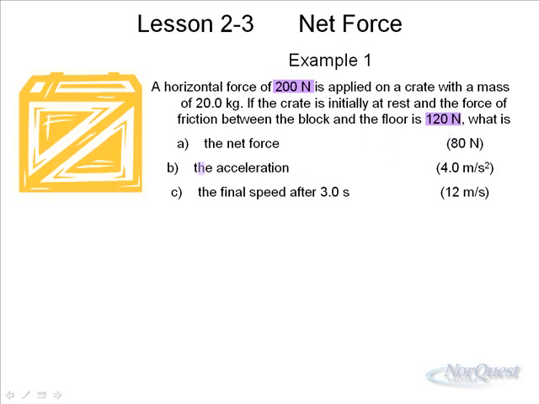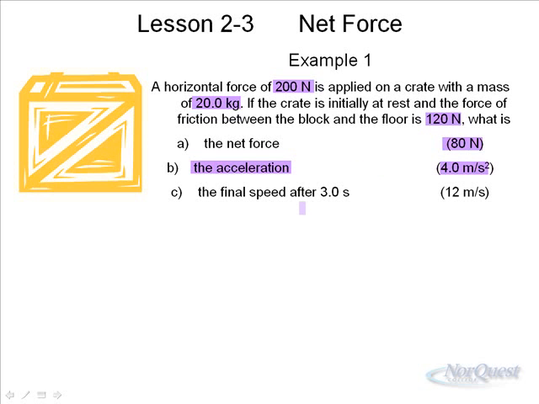Now, the acceleration is going to be found by using Newton's second law. A is equal to F net over m, so the net force of 80 divided by the mass of 20 will give you an acceleration of 4.